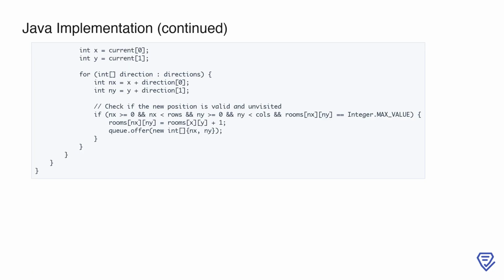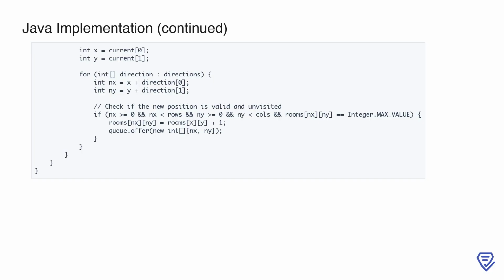While the queue is not empty, we retrieve and remove the first element, which represents the current cell's coordinates. Using these coordinates, we loop through the directions array to calculate the potential neighbors by adding the direction offsets to the current cell's position. For each neighbor, we check if it lies within the grid boundaries and if it represents an unvisited room, indicated by the value Integer.MAX_VALUE.